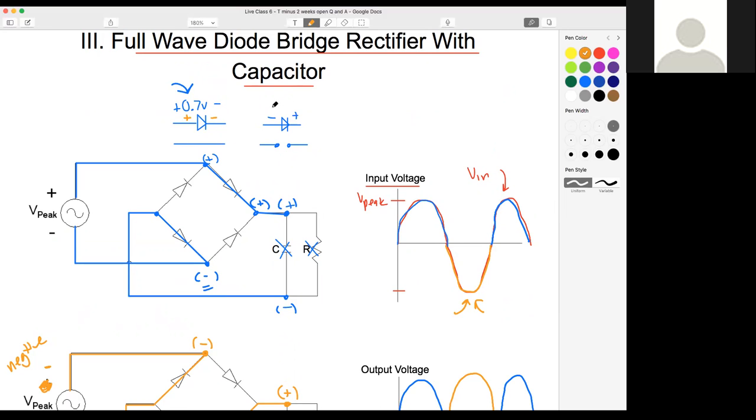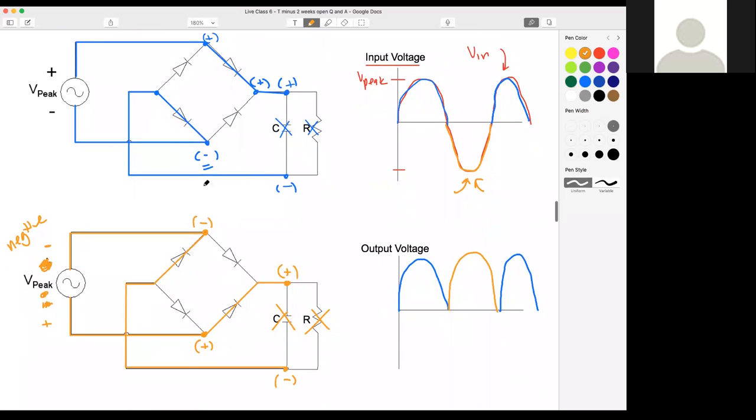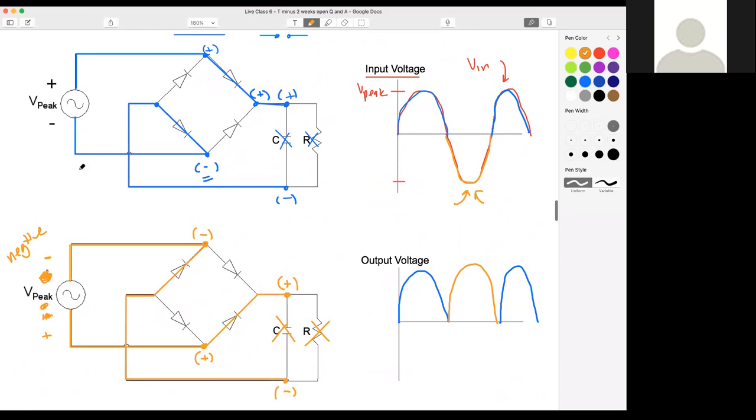If it's reverse biased, if the polarity of our voltage across it is switched, that diode's going to open. And we would expect from how these are wired that the opposite diodes are going to be open and closed during both the positive and the negative cycles.